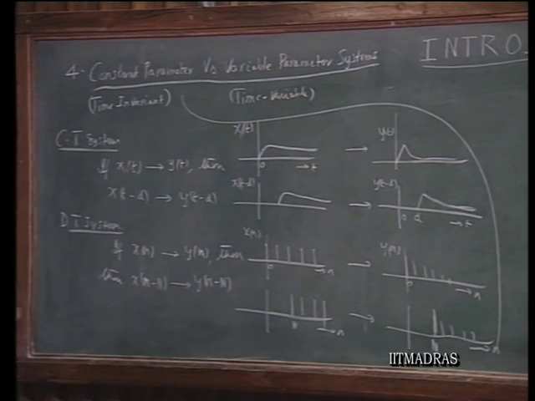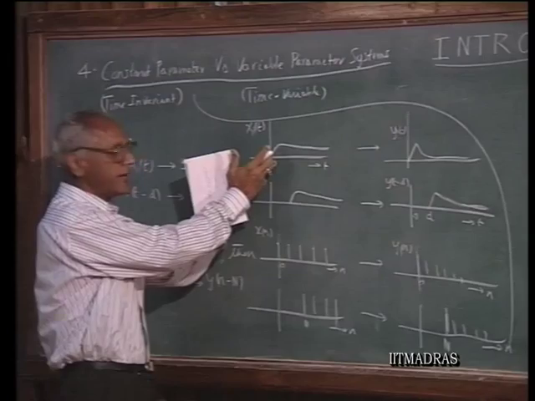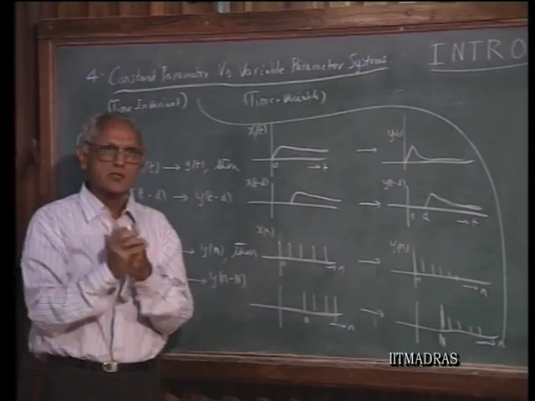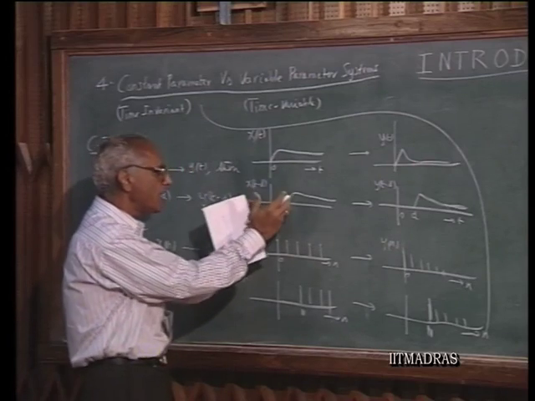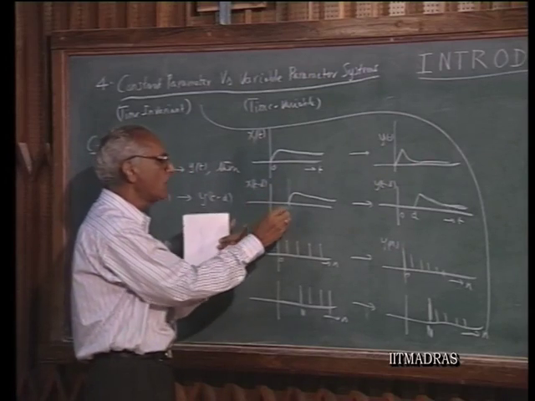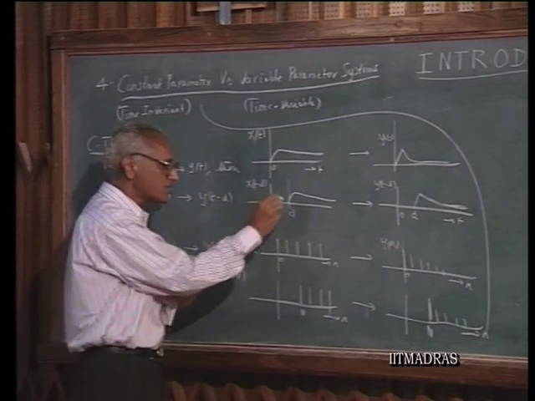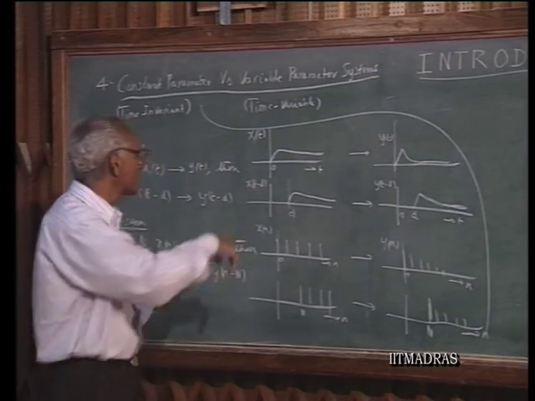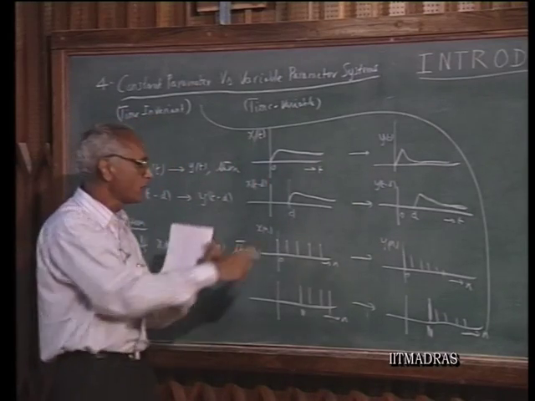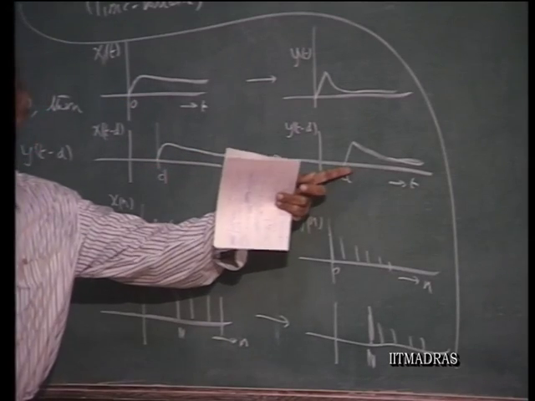In the time variable case, we cannot have this kind of property, because as you can appreciate, when this x of t is applied to the system, the parameters have certain values, and therefore there is a certain response. But if x of t has been delayed by this amount, and you are talking about the application of this at time t equals d, at this time the parameters of the system might have undergone some change. They are no longer the same values that were existing at this point. Therefore, even though the input has the same shape, the output need not follow the same shape.